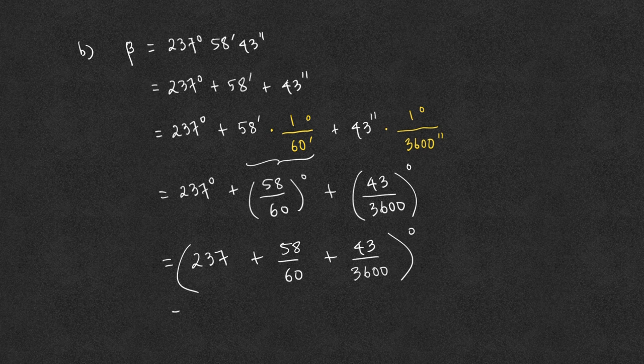We can now type 237 plus 58 over 60 plus 43 over 3600 in the calculator. We won't be able to input the degree notation in the calculator, but the calculator will evaluate this for us and gives us 237.978611. The unit is degrees.